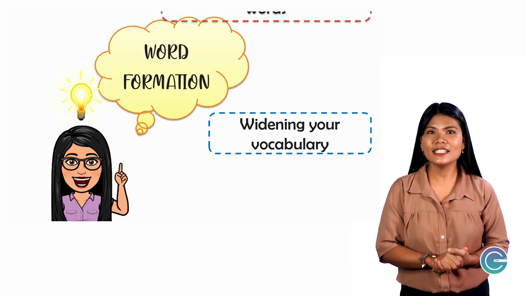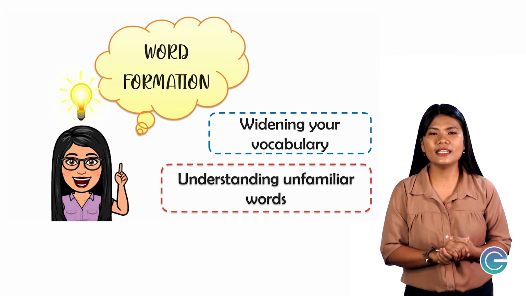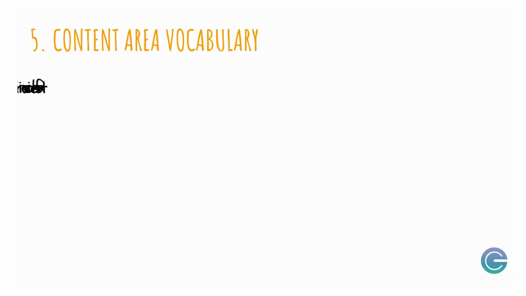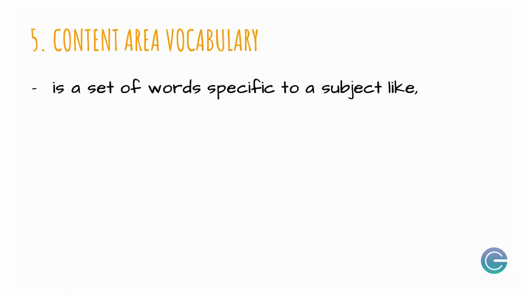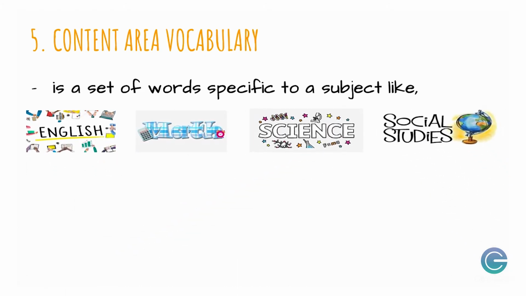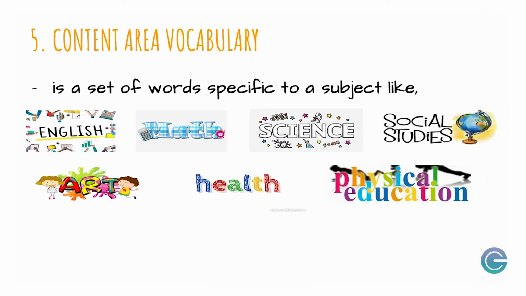Now, let us discuss other ways that can help us understand the meaning of unfamiliar words. Let's talk about content area vocabulary. It is a set of words specific to a subject like English, math, science, social studies, arts, health, and physical education.